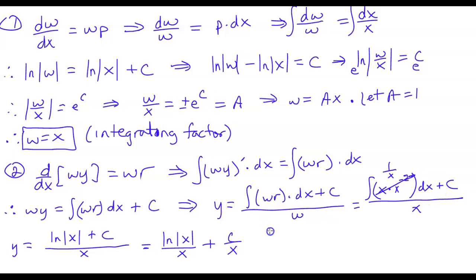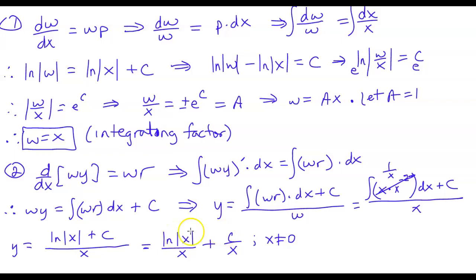Now, of course, for the domain of our function, we know that x can't be equal to 0. And since we have this absolute value here with the natural log, that would be the only real number value that would be restricted.